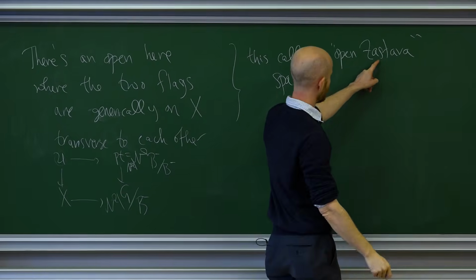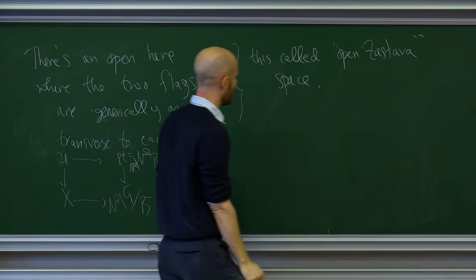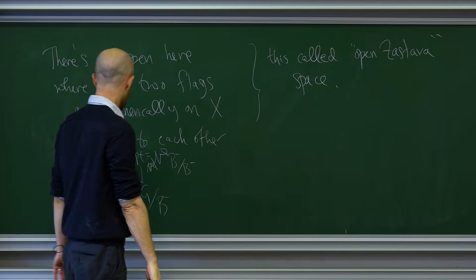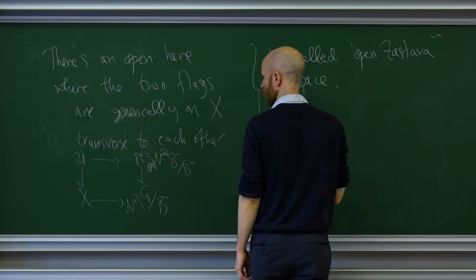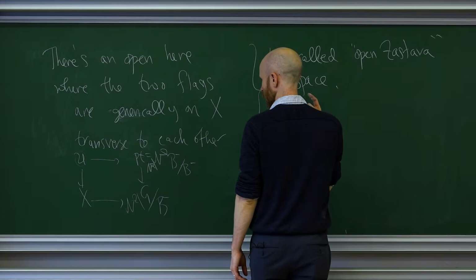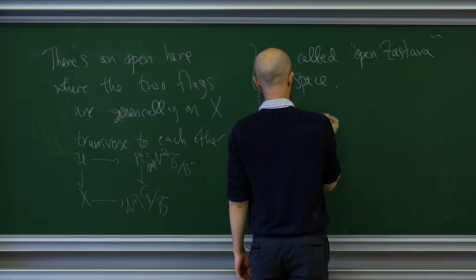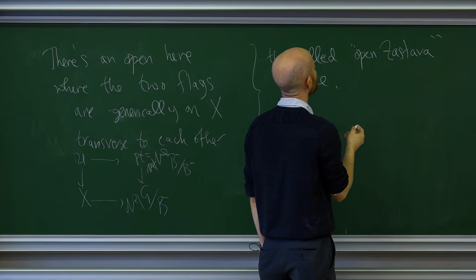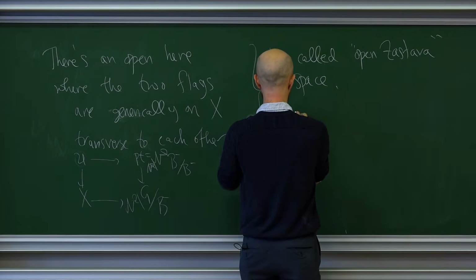As far as I understand, Zastava is Croatian for flag, and it was named by Mirković, who's Croatian. And it's a very nice geometric setup.